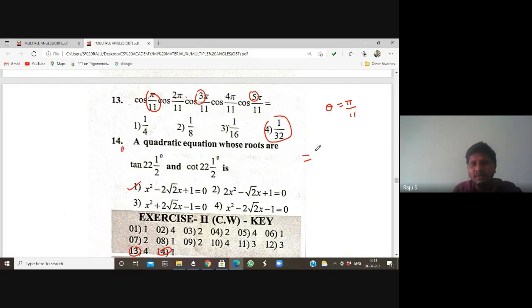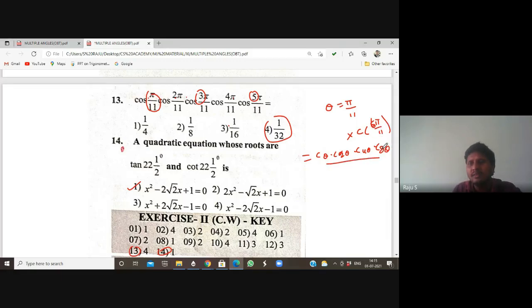So it is in the form cos theta, cos 2 theta, cos 4 theta, cos 8 theta, into the extra cos 5 pi by 11, which we write as 6 pi by 11.